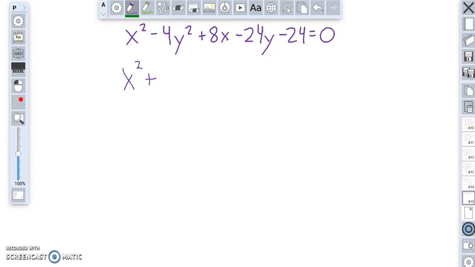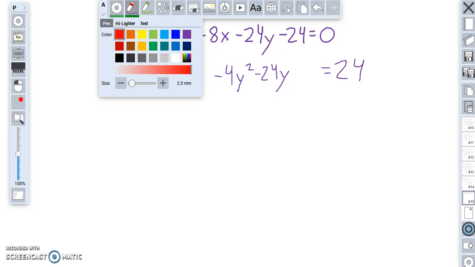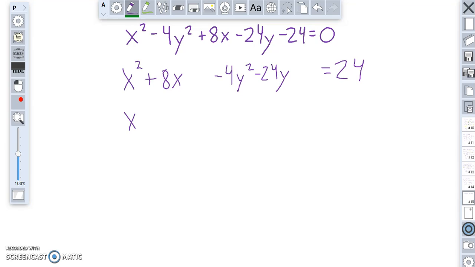x squared plus 8x minus 4y squared minus 24y. Getting ahead of myself. x squared plus 8x minus 4 times y squared plus 6y.